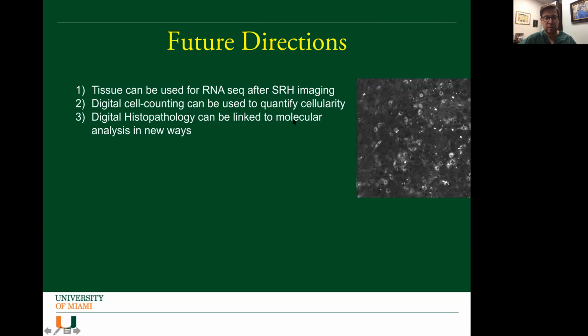Very early data is coming out now that we could look at that. Are there going to be other details from these digital images that will end up being more important for prognosis and prediction of tumor, such as the cellularity or the cytoplasmic nuclei ratio? Things that you couldn't calculate before that now very easily with digital technology you can, and that very well may come out of this. And how we link this to molecular analysis is obviously key.